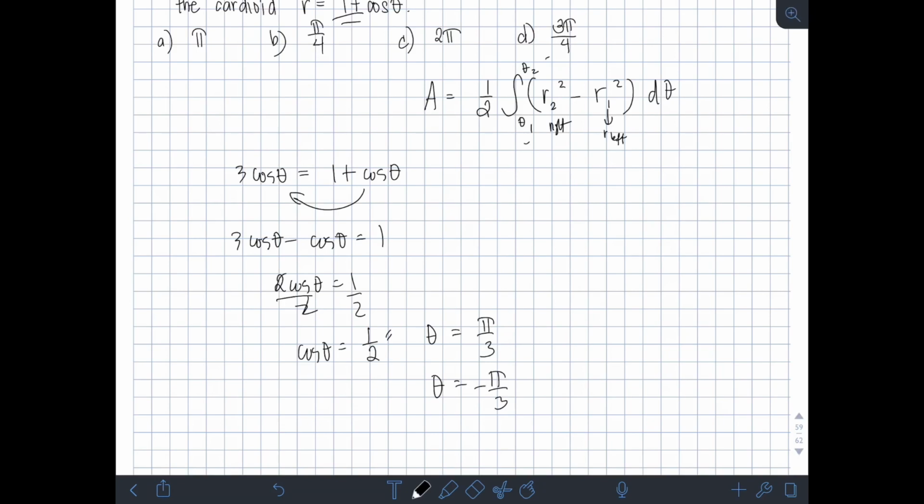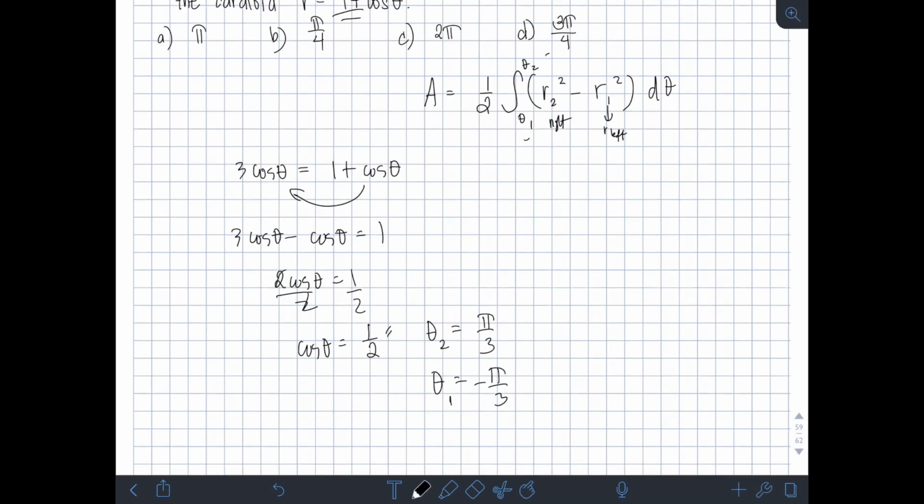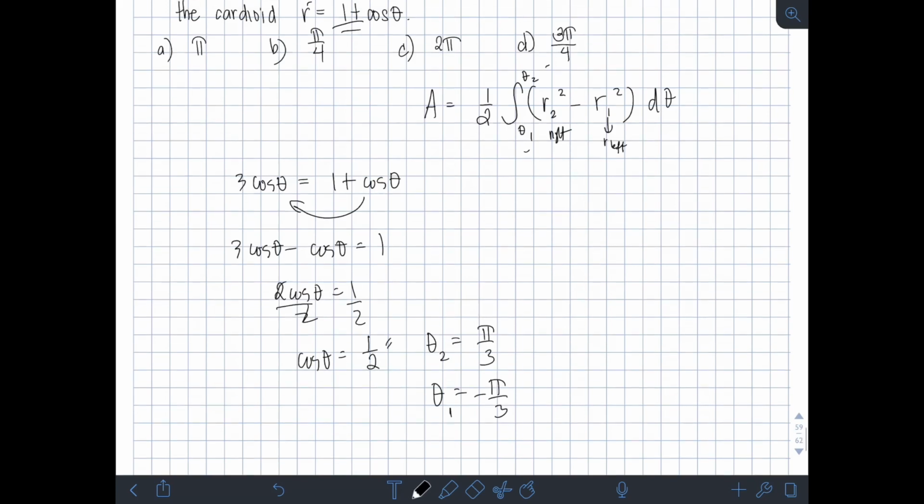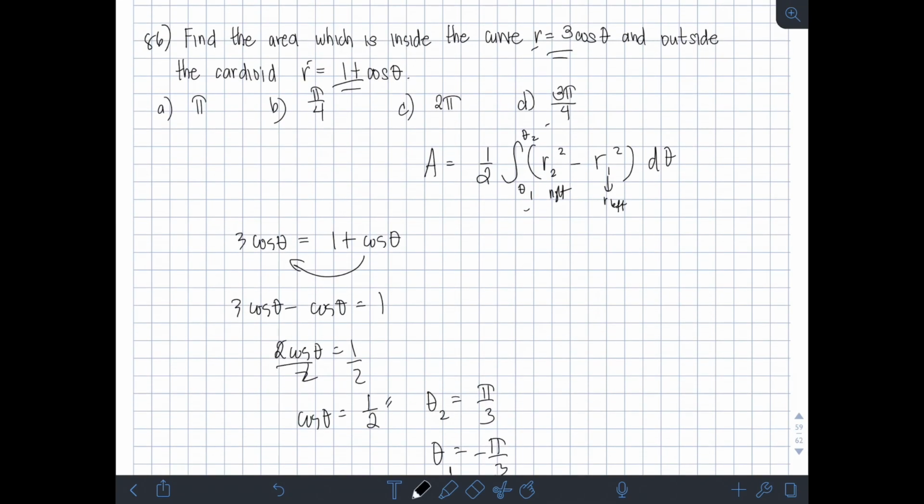So, ito yung magiging lower at upper limit natin. So, yung theta 1 is itong negative pi over 3. And then, yung theta 2 is itong pi over 3. Okay? Ngayon, ano yung magiging r sub 2 tsaka r sub 1 natin? So, pag ig-graph kasi natin yan, let's say, meron tayong polar coordinate. Ito yung polar axis.